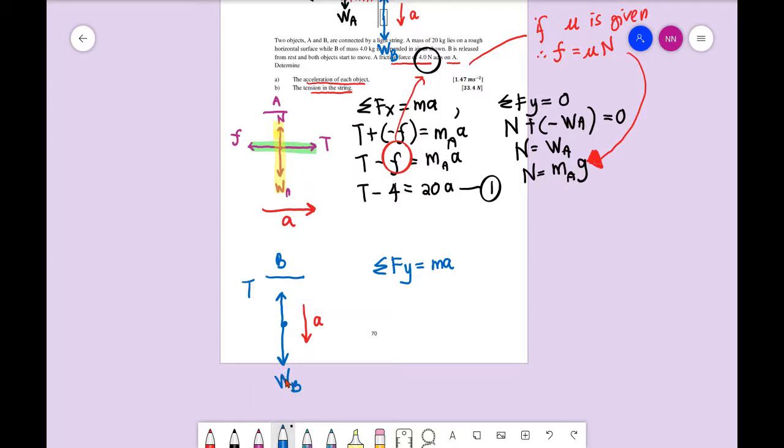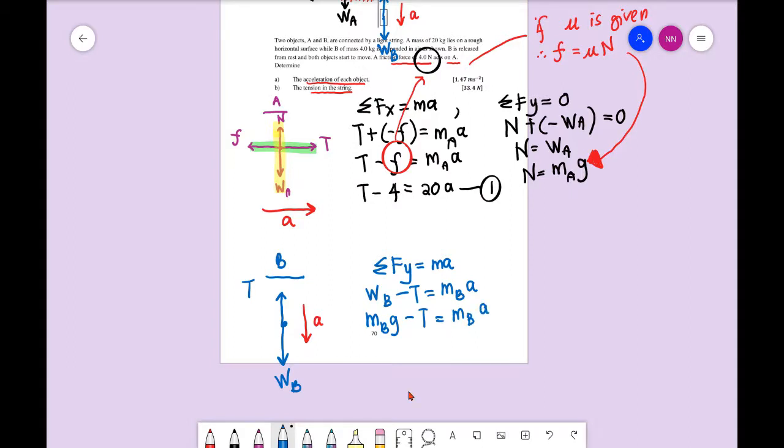Weight B is in the same direction as acceleration, so weight B is positive, and tension is in the opposite direction of acceleration, so tension is negative. So net force Y is weight B minus tension equals mass B times acceleration. Weight B is mass B times gravitational acceleration, minus T equals mass B times A.